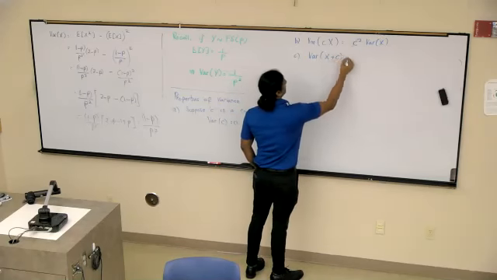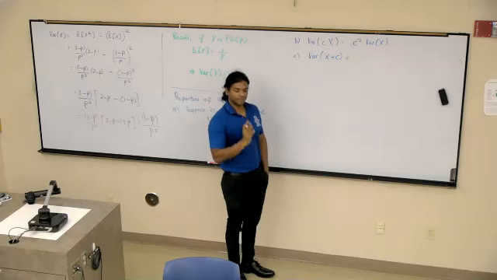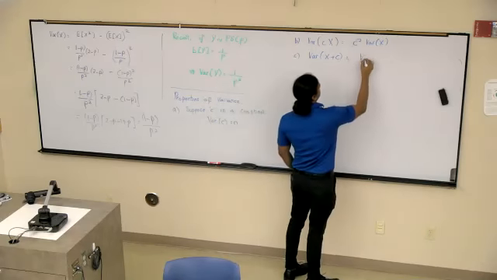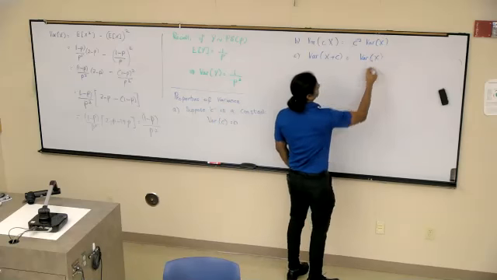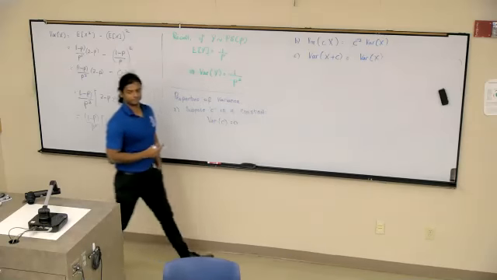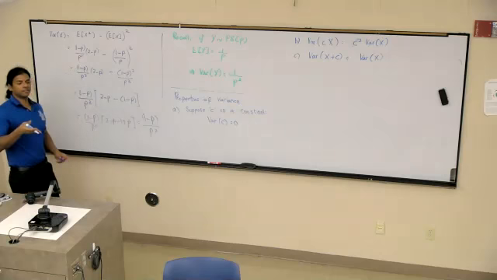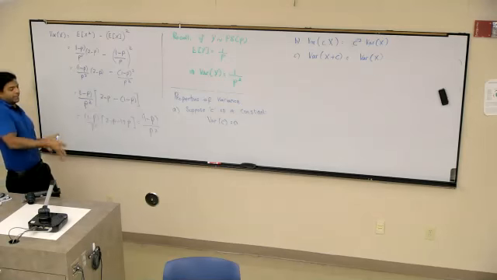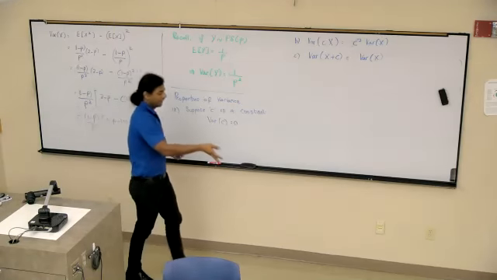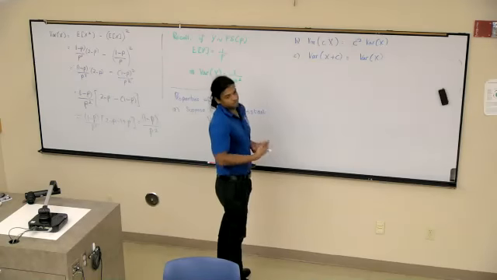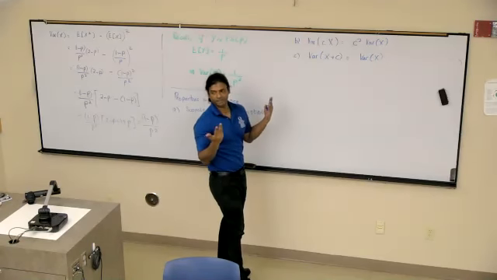The variance of X plus C is equal to the variance of X. Intuitively, this should make sense, right? You're shifting every single observation by the same amount. So the variability has to be the same, right?